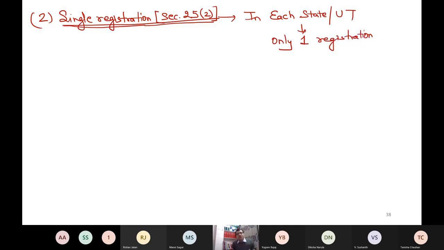When states or UTs are different, of course, you have to take separate registration as per section 25 subsection 1. But within the same state or UT, only one registration is required as per the law. Example.